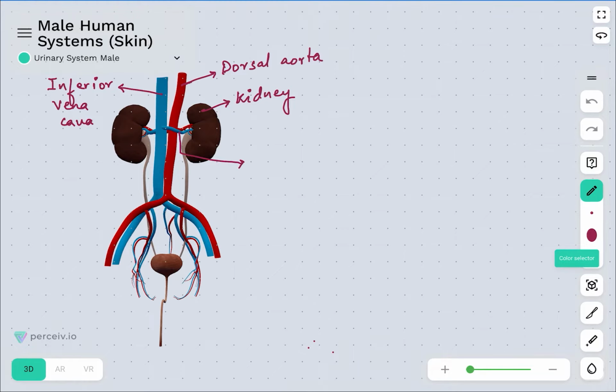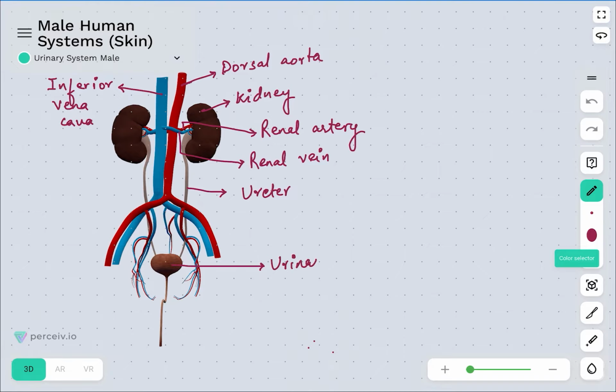This one is the renal vein, and this red one is the renal artery. This is the ureter. Then this is the urinary bladder. And this one is the urethra.